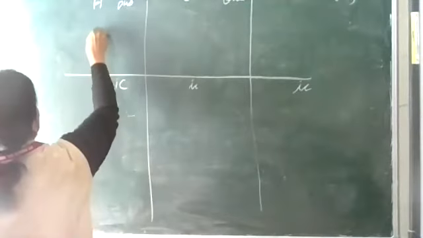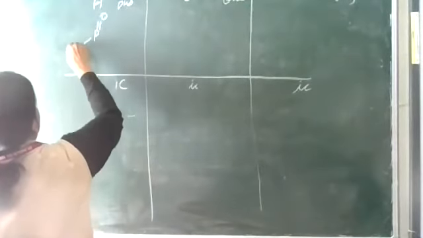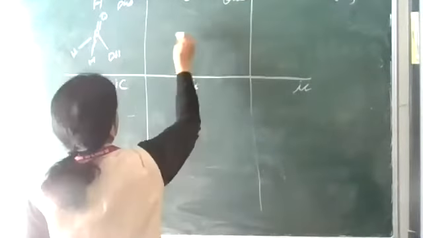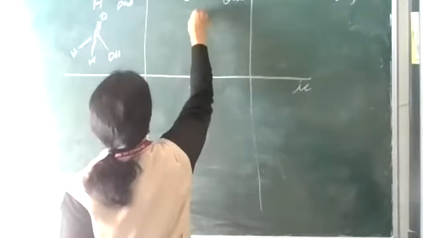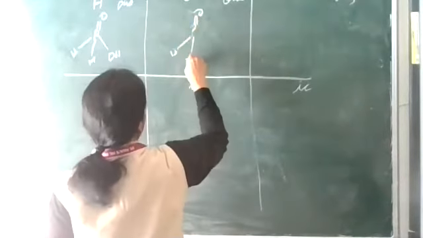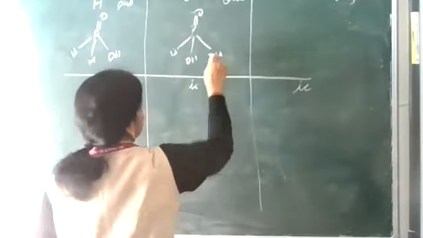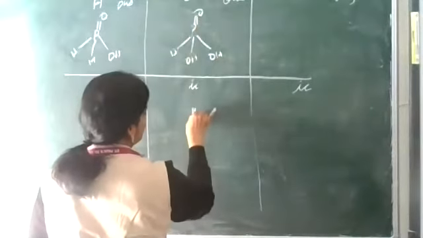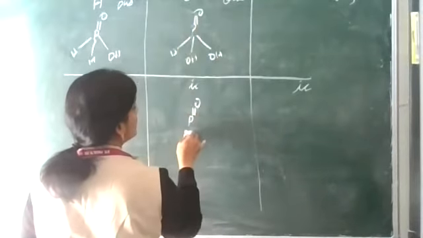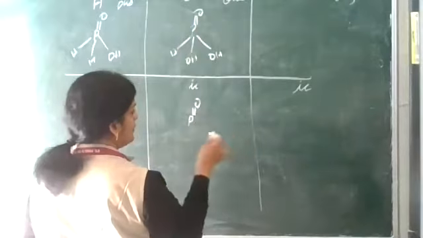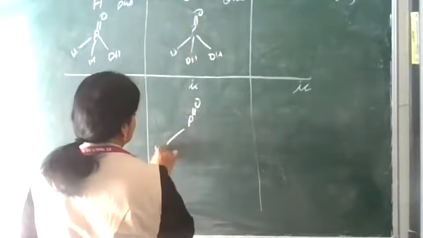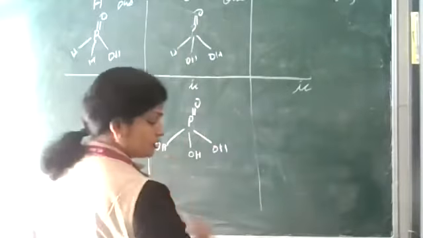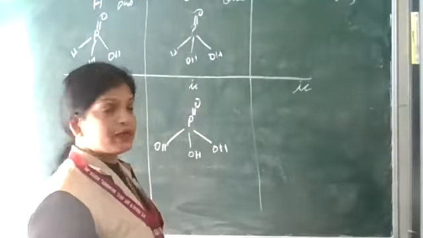Hypophosphorus acid is P double bond O, with H, H. One more H is replaced by OH, P double bond O, H. Orthophosphoric acid will be P double bond O with OH, OH. The third hydrogen is replaced by OH.